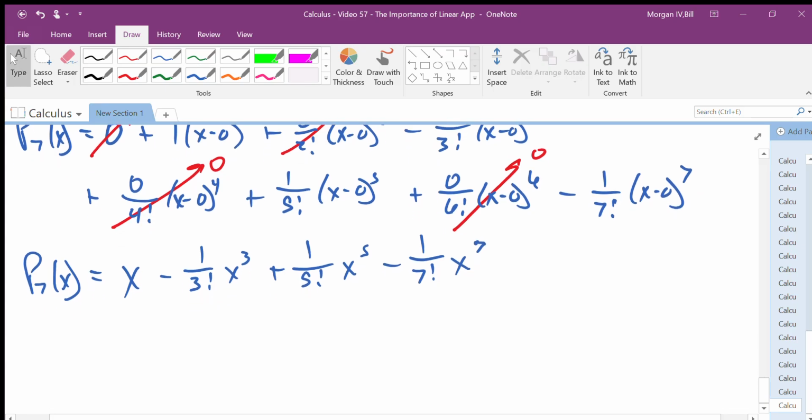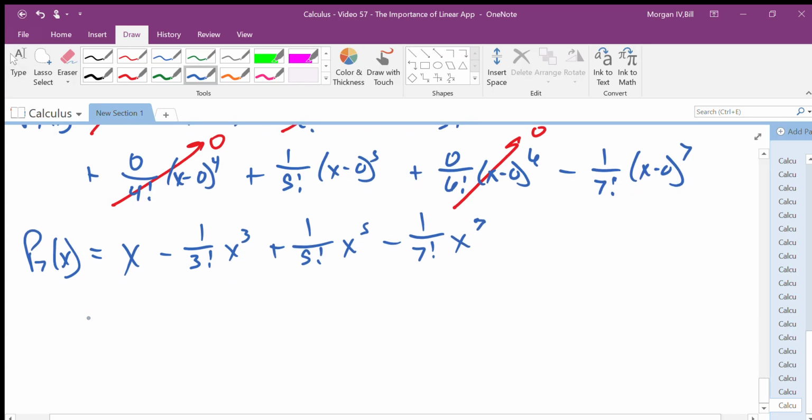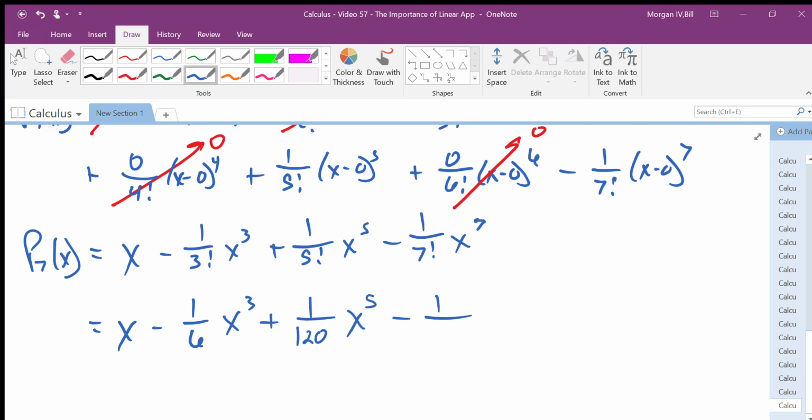Or if you like numbers better than factorials, this is equal to x minus 1/6 x to the third plus 1 over 120 x to the 5th minus 1 over, I think it's 5040, let me double check that, 7 factorial, yes, 5040 x to the 7th.